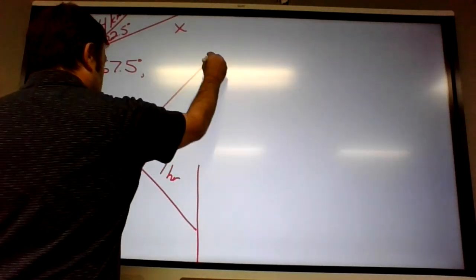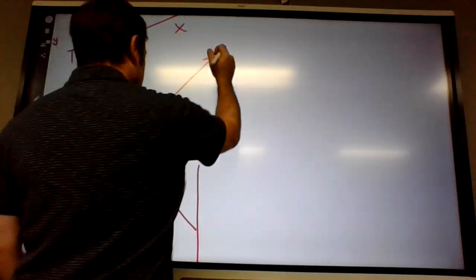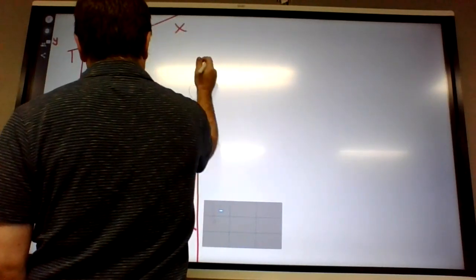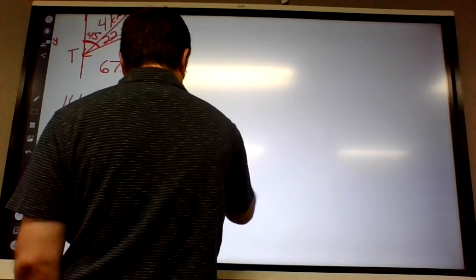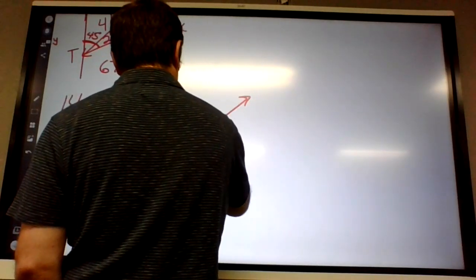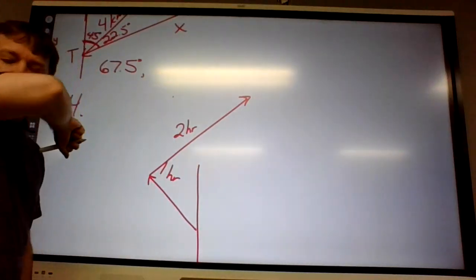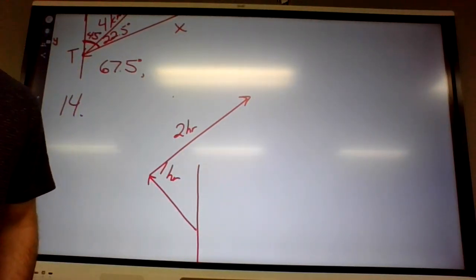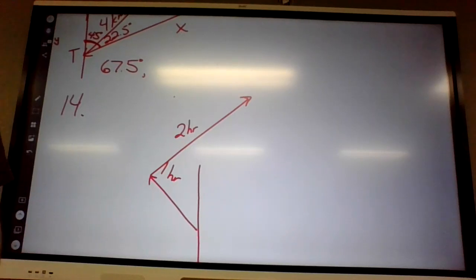It does not change speed. Find the course the ship should take to return to port.